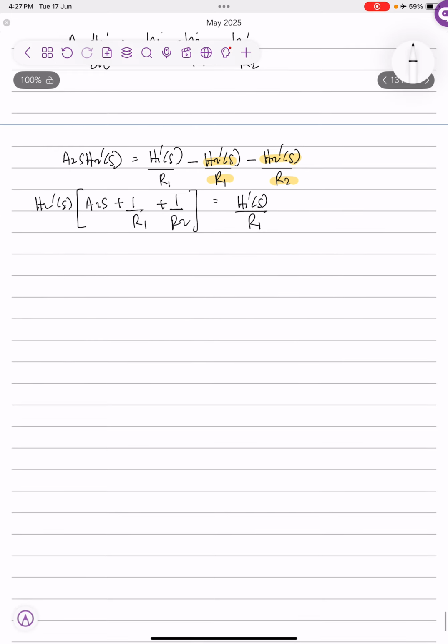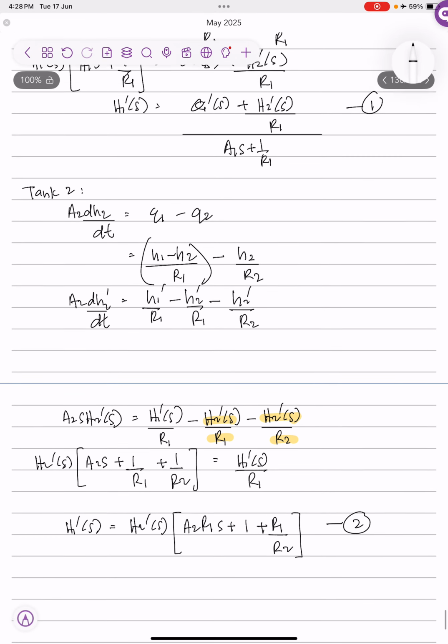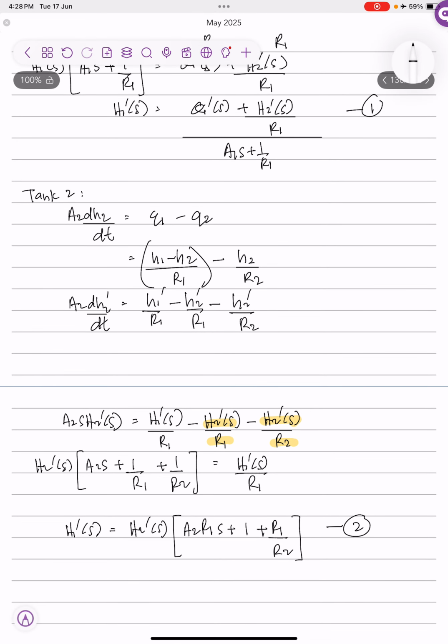If you just want to write H1'(s), we have H2'(s), the whole thing, times R1. Then we get (A2 R1 s plus 1 plus R1/R2) H2'(s). So this is the second equation, and based on the first equation we also have H1'(s) here.